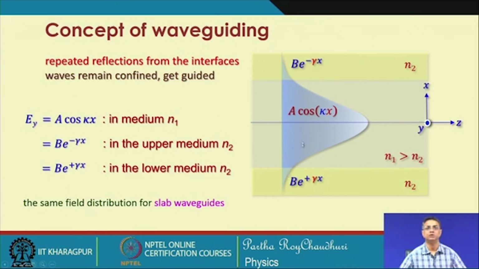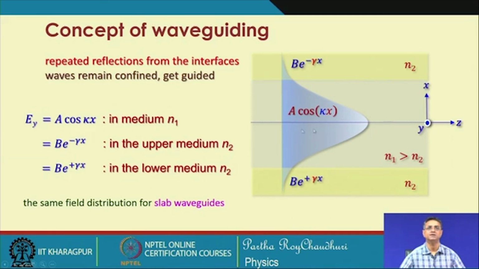So, this gives you a very clear understanding of how an optical wave can be confined by successive reflections from the two interfaces, whether they are identical interfaces or non identical, that will only affect the kind of wave that is propagating through the medium.